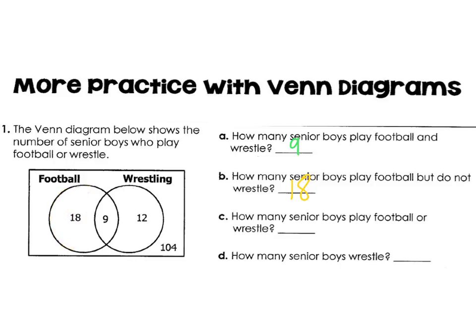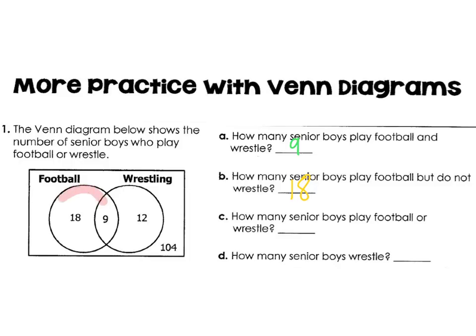Now, part C, how many senior boys play football or wrestle? So how many do both, or one or the other? So therefore, the part of our Venn diagram that would represent this is everything that's inside.